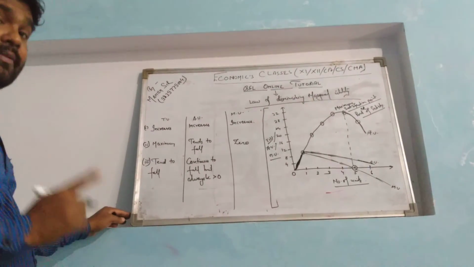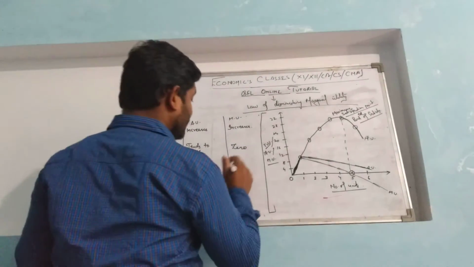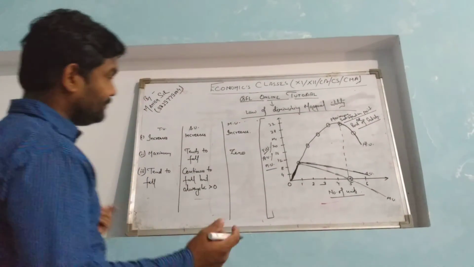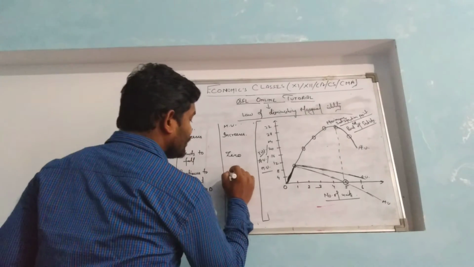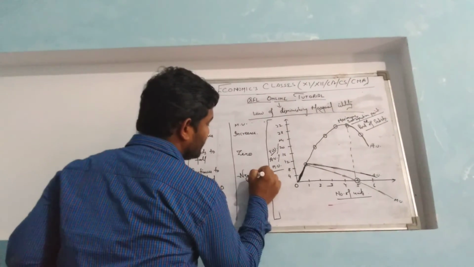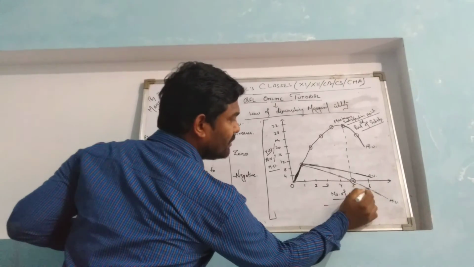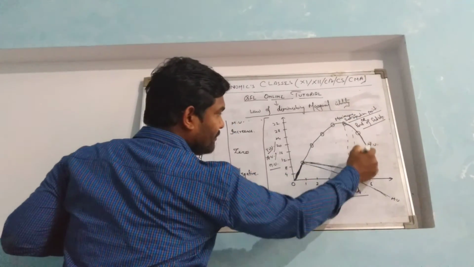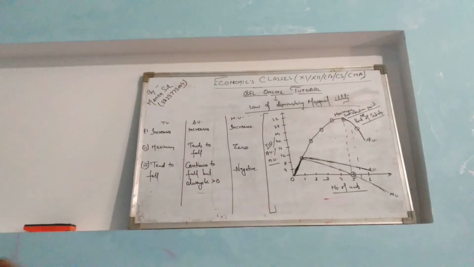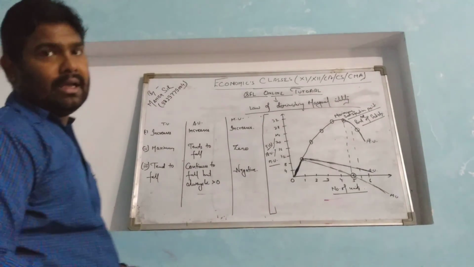That means it will never touch the x-axis, because mathematically an average can never be negative. And what happens to MU? It becomes negative. Just see here, as TU falls, MU becomes negative. So this is the relationship between TU, AU and MU.